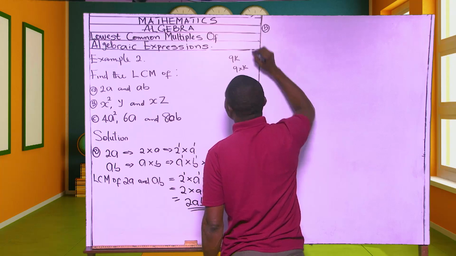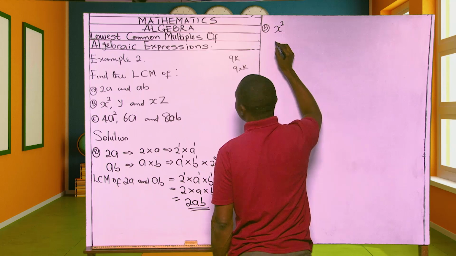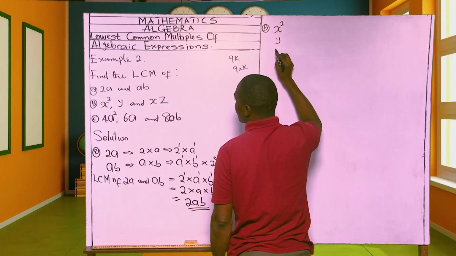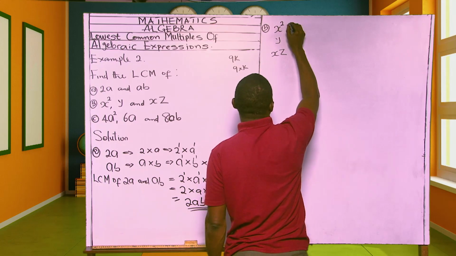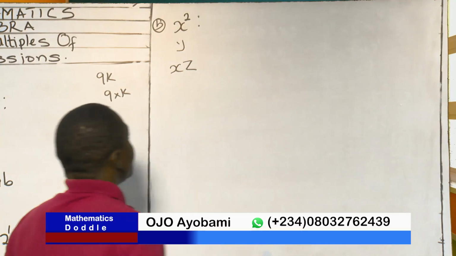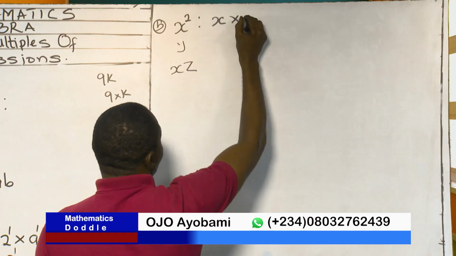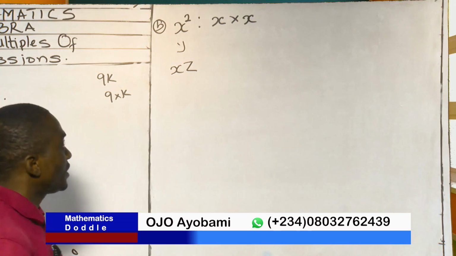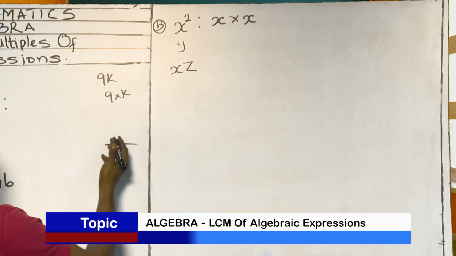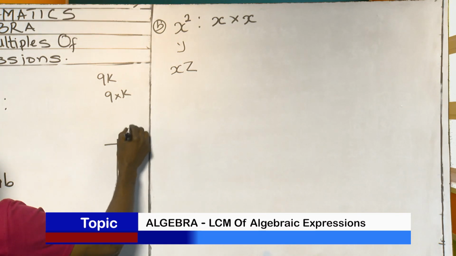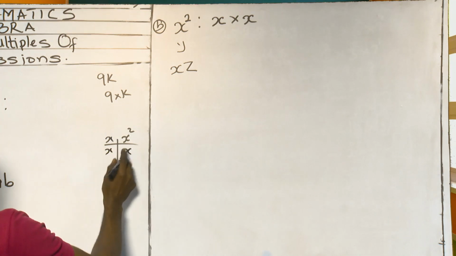B, we have S squared, we have Y, and we have XZ. S squared can be expressed as X multiplied by X. If you like, you can use what we've been using so far by saying that S squared, you bring S in S squared will give you X, X in X will give you 1.